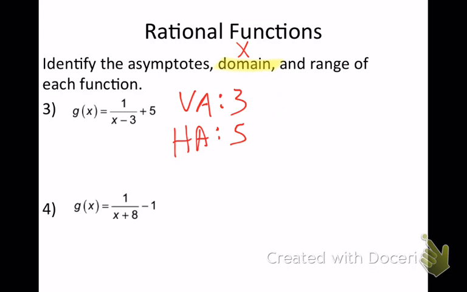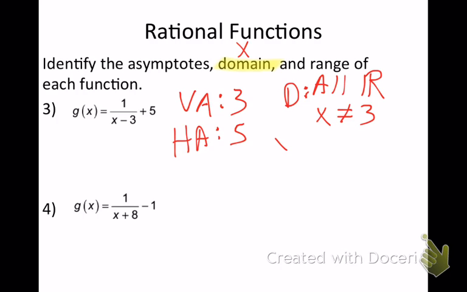So what I'm going to state here for my domain is all real numbers, x cannot equal 3. Yes, that is a double-lined R, a symbol for real numbers. But for the domain there, we know that x cannot equal 3 because 3 is that vertical asymptote. So we say x can be all real numbers except 3.